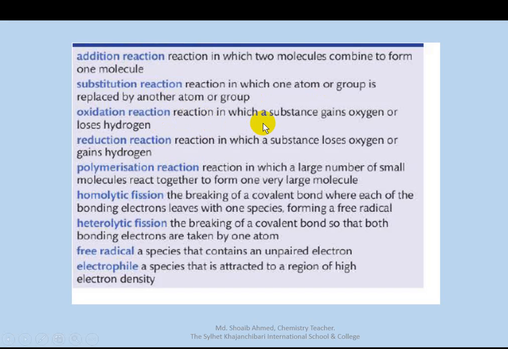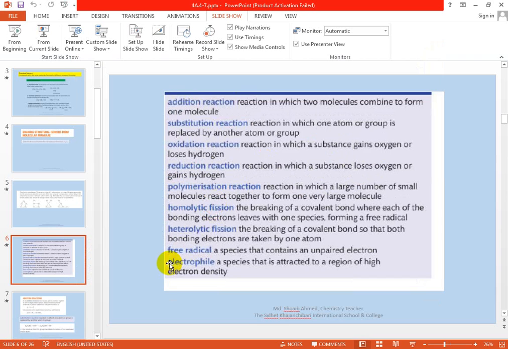An oxidation reaction is one in which a substance gains oxygen or loses hydrogen. Reduction is the opposite of oxidation: a substance loses oxygen or gains hydrogen. A polymerization reaction is one in which a large number of small molecules react together to form a very large molecule. Homolytic fission we will show later. Do you know what an addition reaction is?